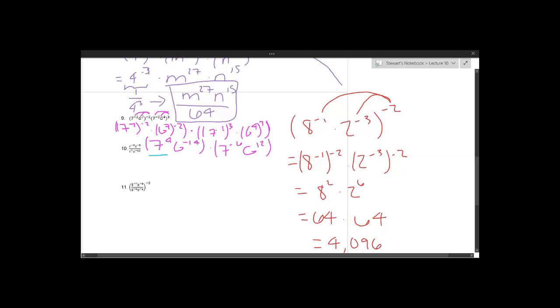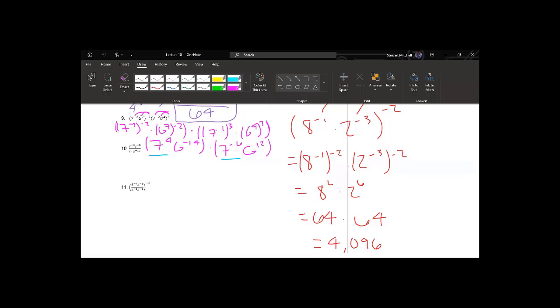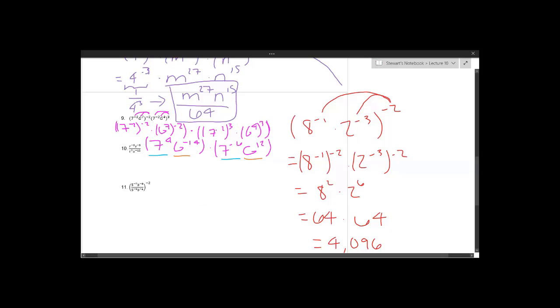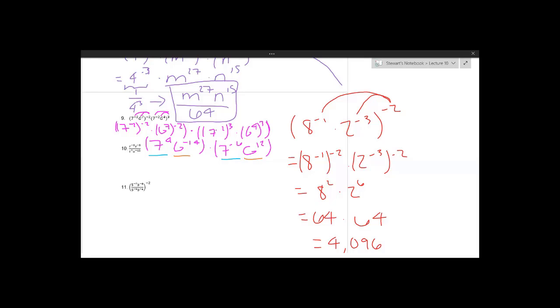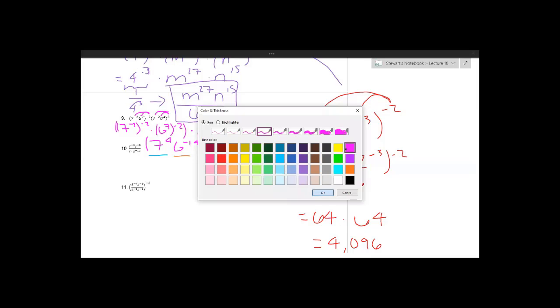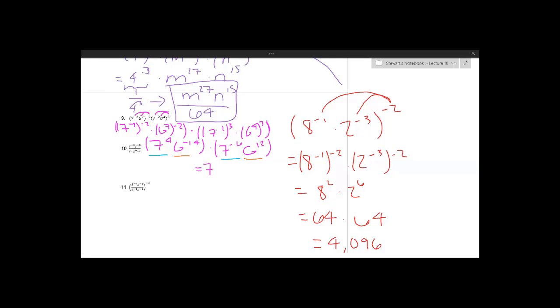Okay, so we have a 7 and a 7, and then we also have a G and a G. So we have different bases here, but we can combine the ones that are the same. So in that regard, we can rewrite this as 7 to, and when you multiply two bases with the same base and different exponents, you add the exponents together.